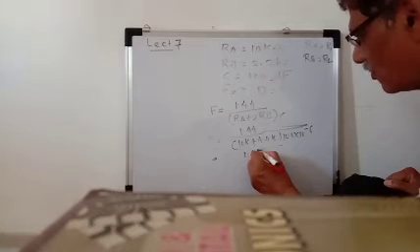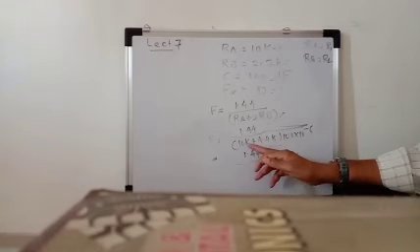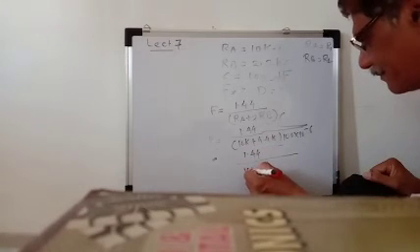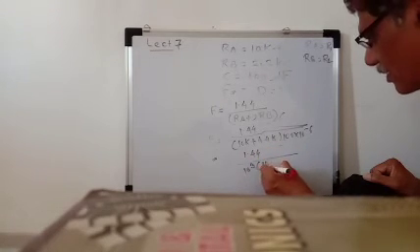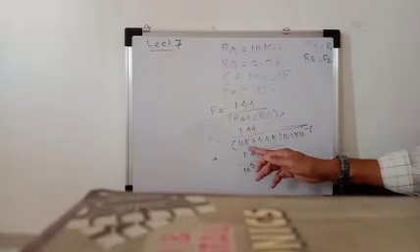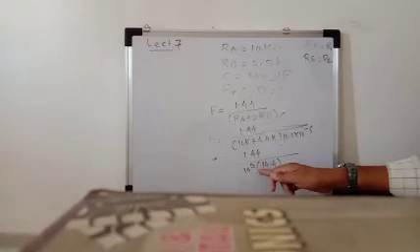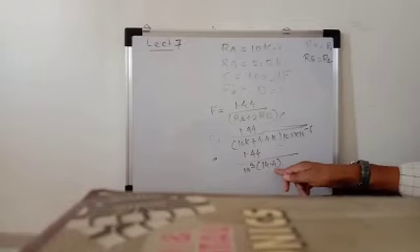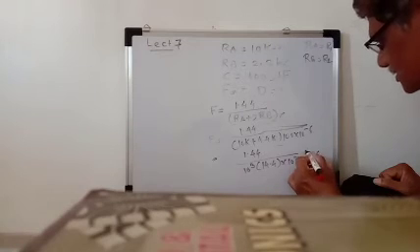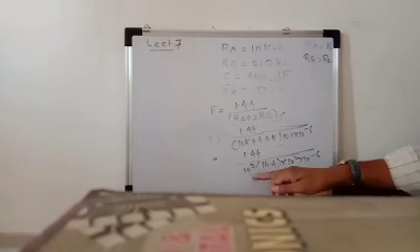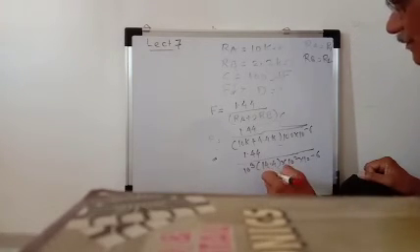Taking 10 raised to 3 common, 10 raised to 3 in bracket 10 plus 4.4, that is 14.4, into 100, which means 10 raised to 2 into 10 raised to minus 6.